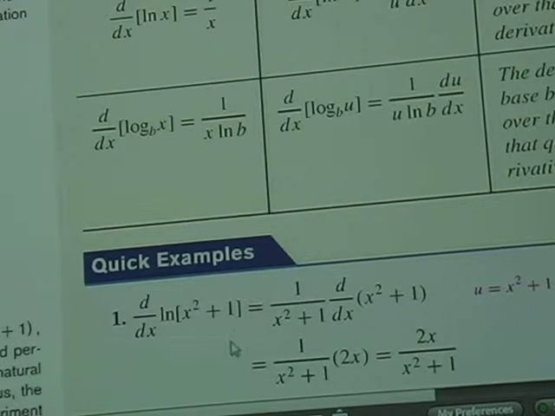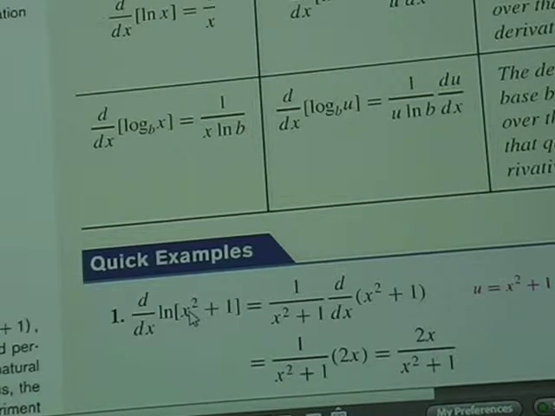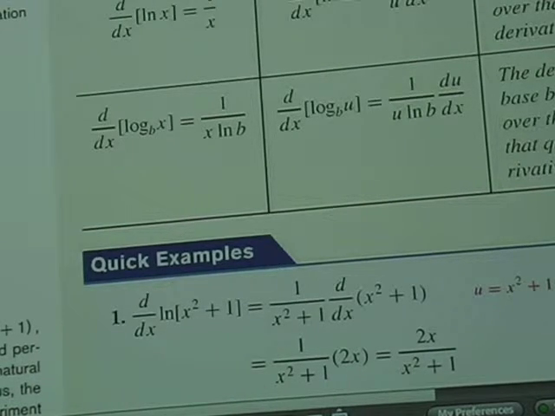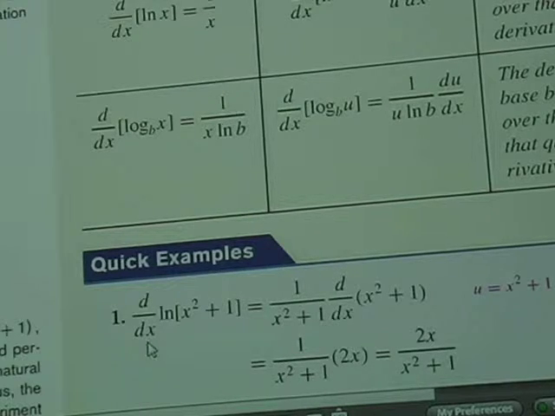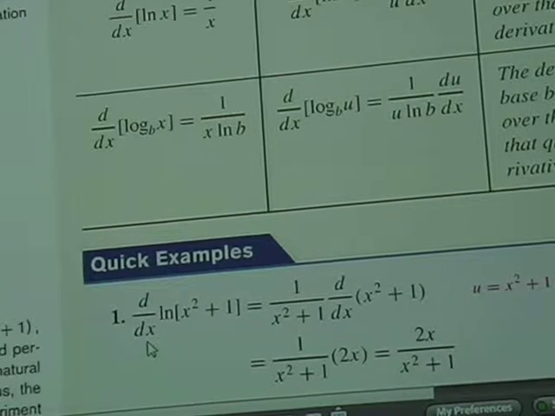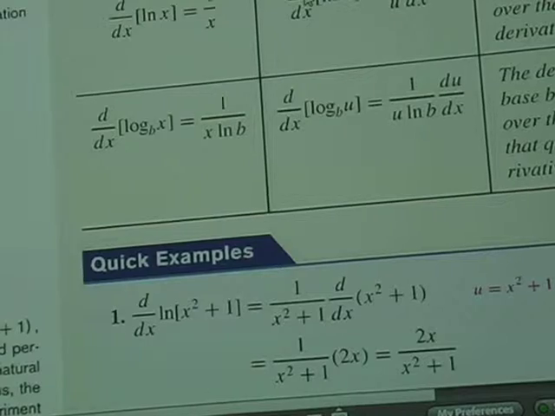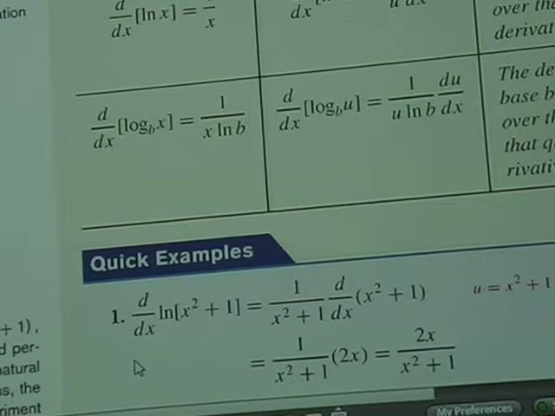This and this are basically the same kind of thing. So what do you see here compared to here? Let's compare this part and this part. What do you see? Well, I see a d over dx here and a d over dx here, right? So that means the derivative. I see the derivative question here and the derivative question here.